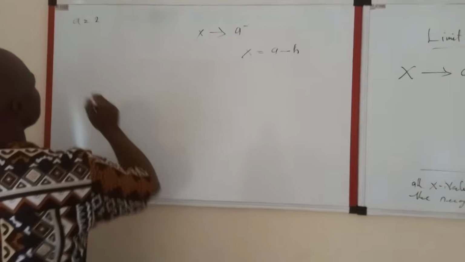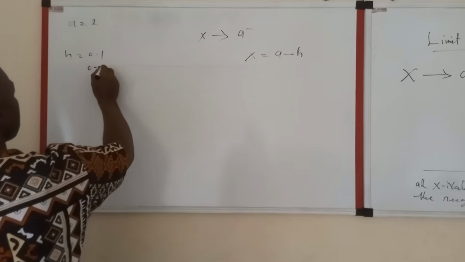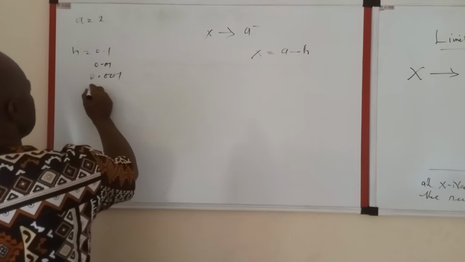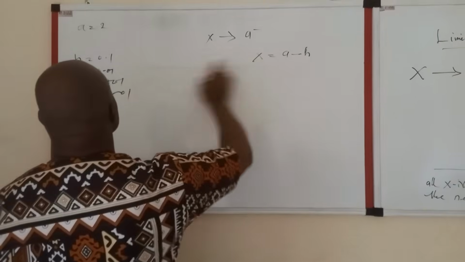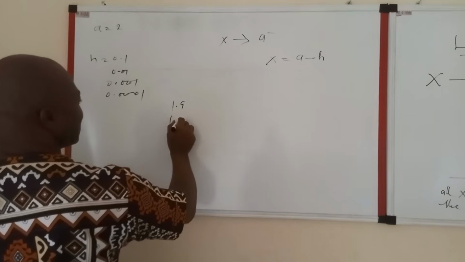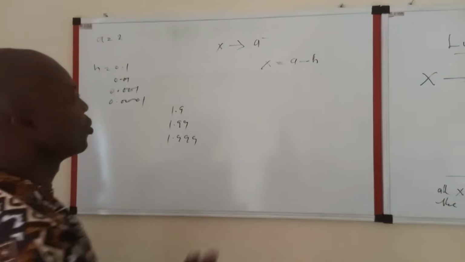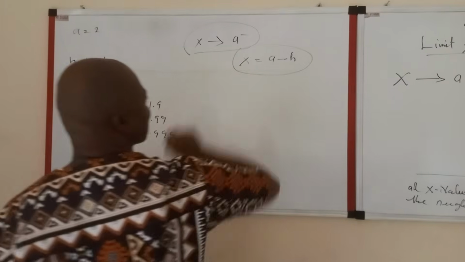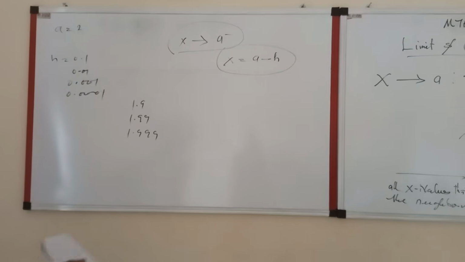Now here h, based on what we have got before, when we let a be equal to 2, then h can be 0.1, 0.01, 0.001, 0.0001. Now, when you subtract this from 2, you begin to have 1.9, 1.99, 1.999, and so on. So you can write it in this way, and you can also write it this way. Now, this one we are saying that x approaches a from the left.